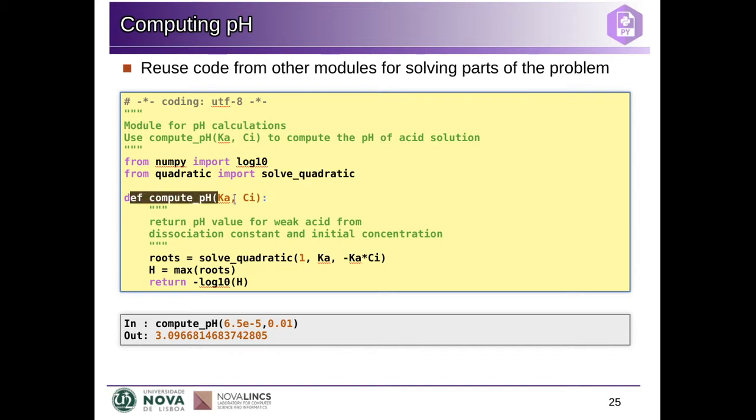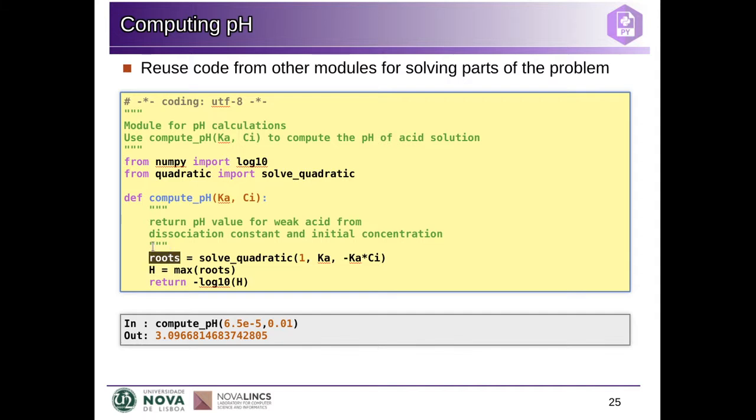So now we only need to write the function to compute the pH from the acidity constant and the initial concentration. And we're going to first get the list with the solutions of this quadratic equation. So these are the roots of the quadratic curve. The concentration of hydrogen ion will be the maximum of the roots, because this will give us a positive and a negative solution.